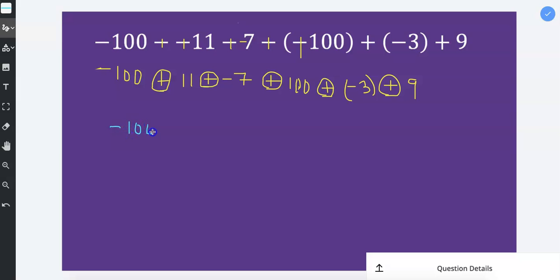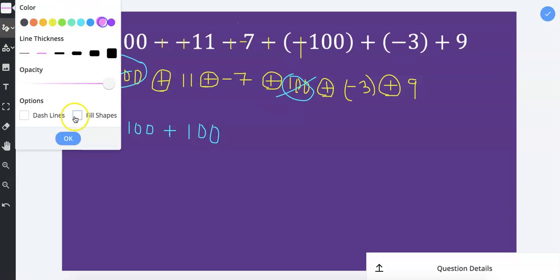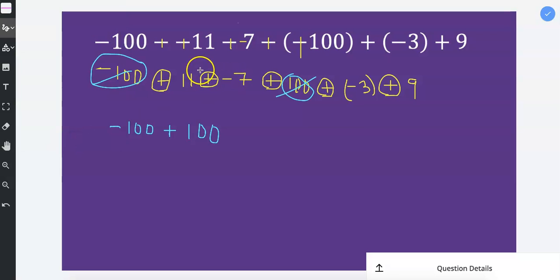For example, I'm going to start reordering this, and after negative 100, I'm going to put the 100. After that, maybe I want to put my positive numbers. So I have a positive 11.